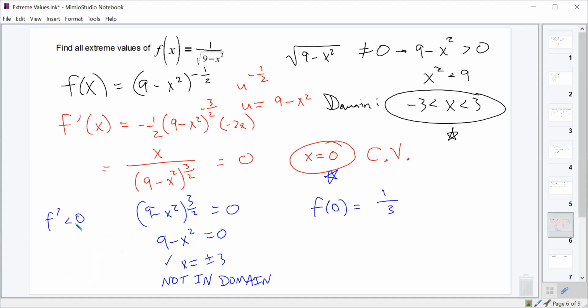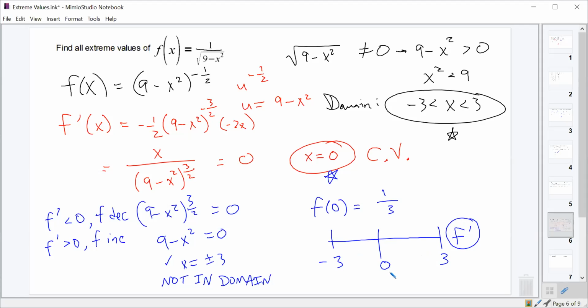All right, so if f prime was negative, f decreased, and if f prime was positive, f increased. You guys all remember that? So here is x equals 0. And let's see what happens between -3 and 0 and between 0 and 3 to our derivative.